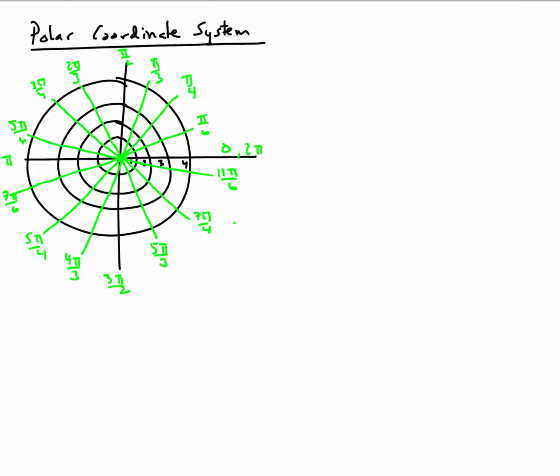Now in the polar coordinate system, again, I have these concentric circles that go out a particular radius from the pole or the origin. Now when I talk about the points of a polar coordinate system, my point is r theta. Okay, so r is a radial coordinate, meaning how far out are we moving from the pole, and it's a signed or directed distance from the pole or the origin.